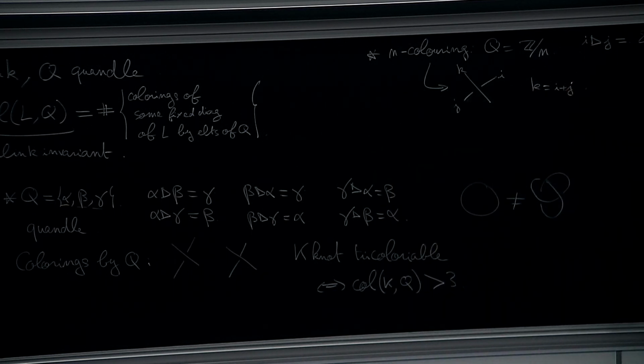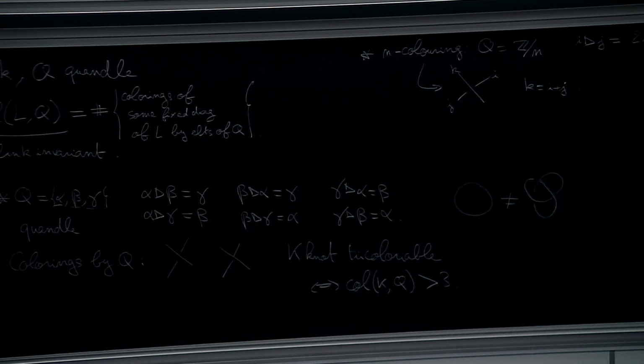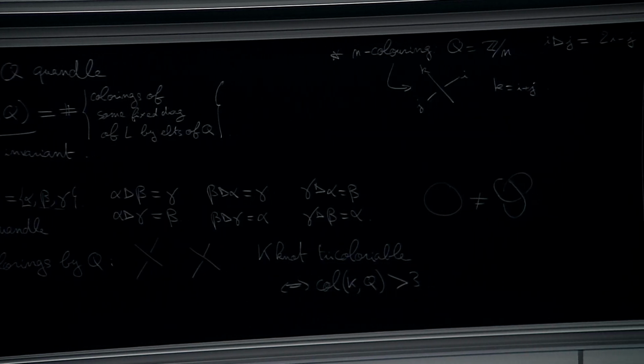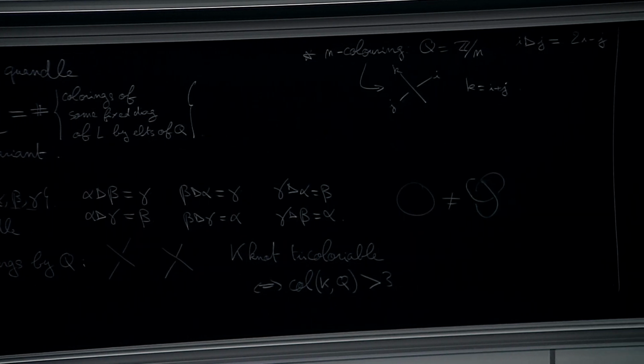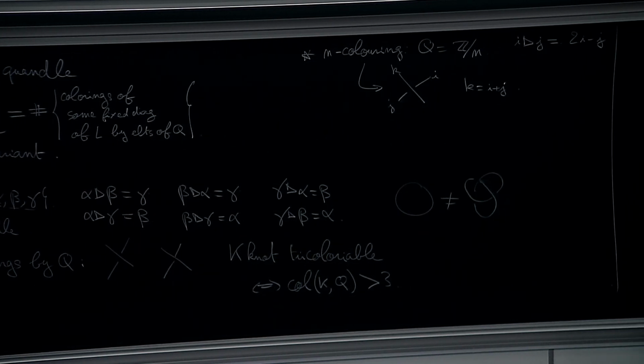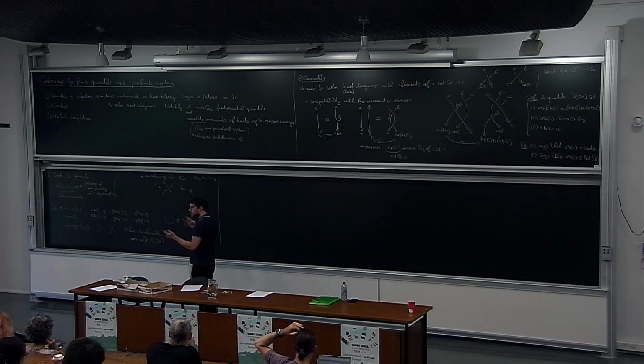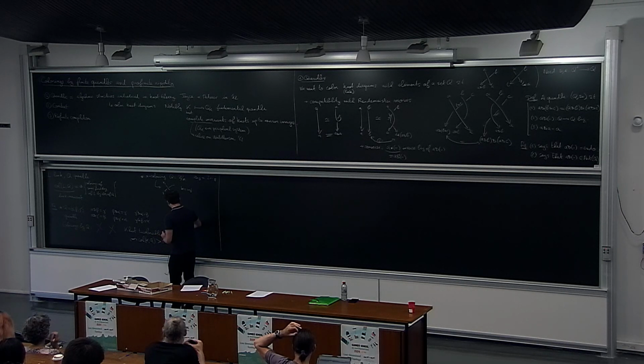Okay, other examples. Sorry? You don't have the coloring base. There is one color which is different. No, what I mean is this one is not isotopic to this one because here you have a non-trivial 3-coloring and here you don't.